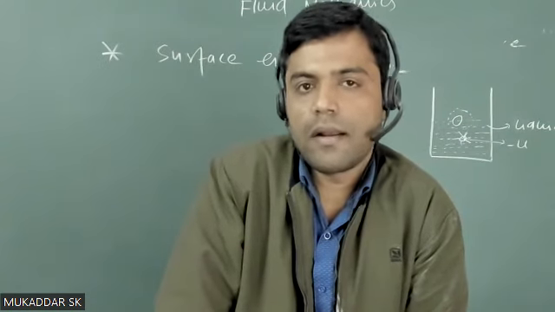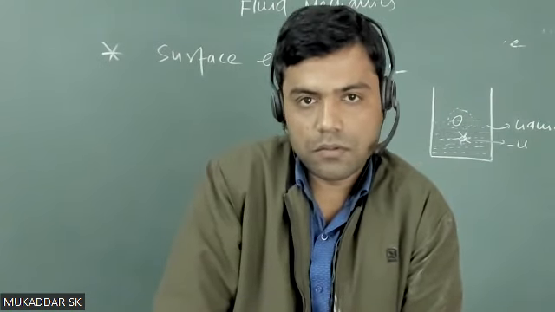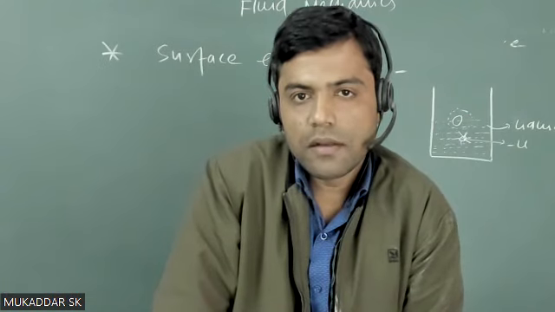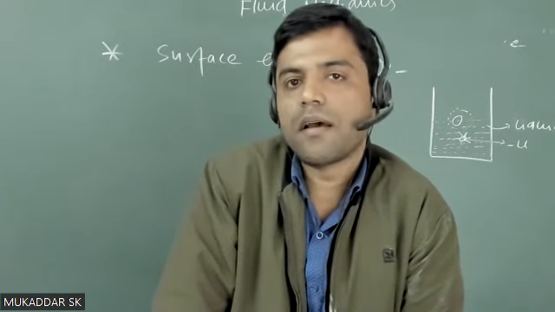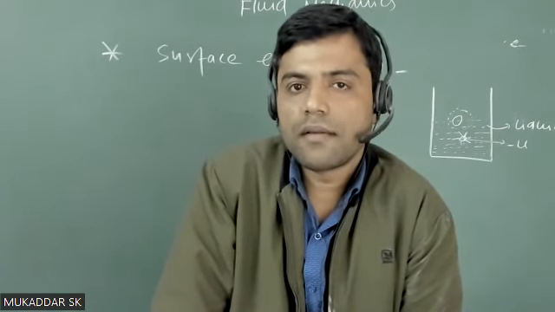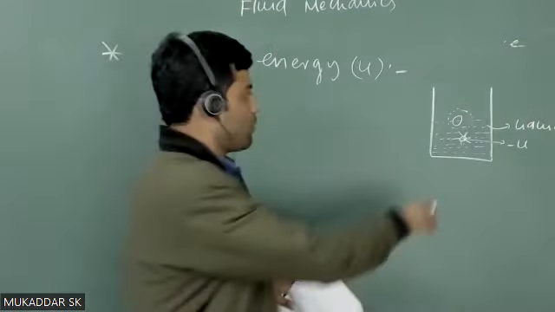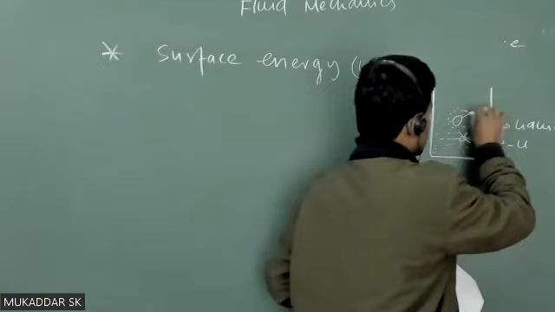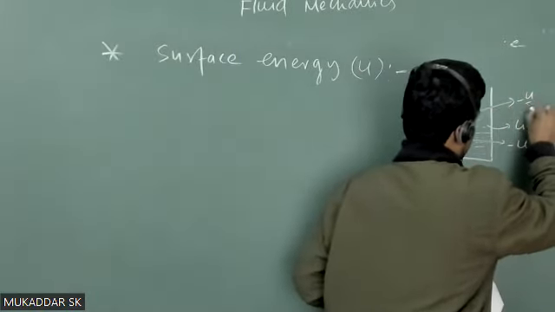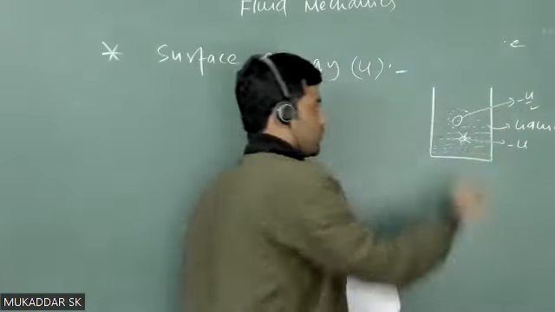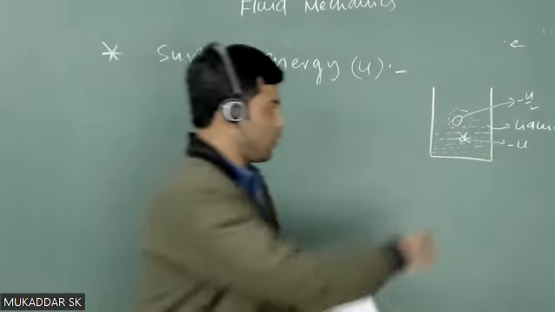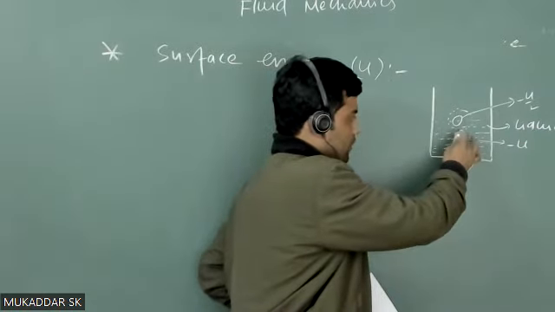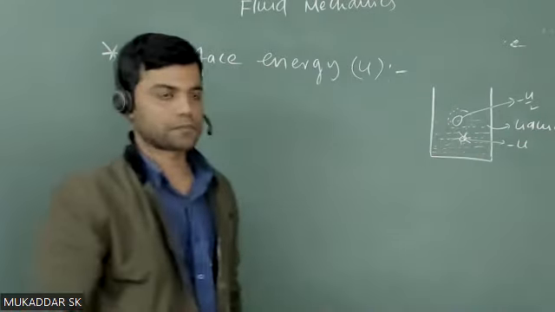So if the molecule inside the liquid has potential energy minus U, the molecule on the surface, attracted by fewer molecules, will have potential energy minus U by 2. So the molecule on the surface has higher energy as compared to a molecule properly inside the liquid.